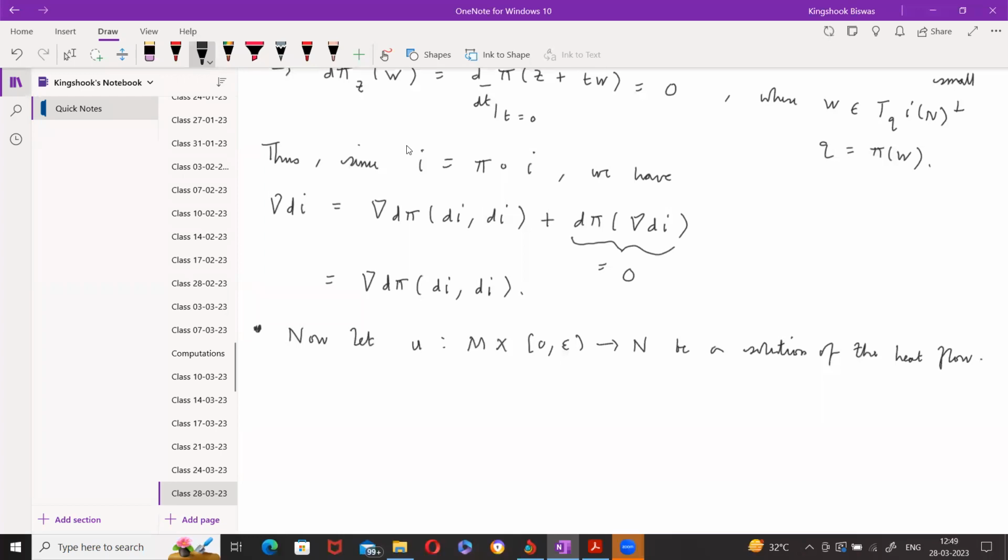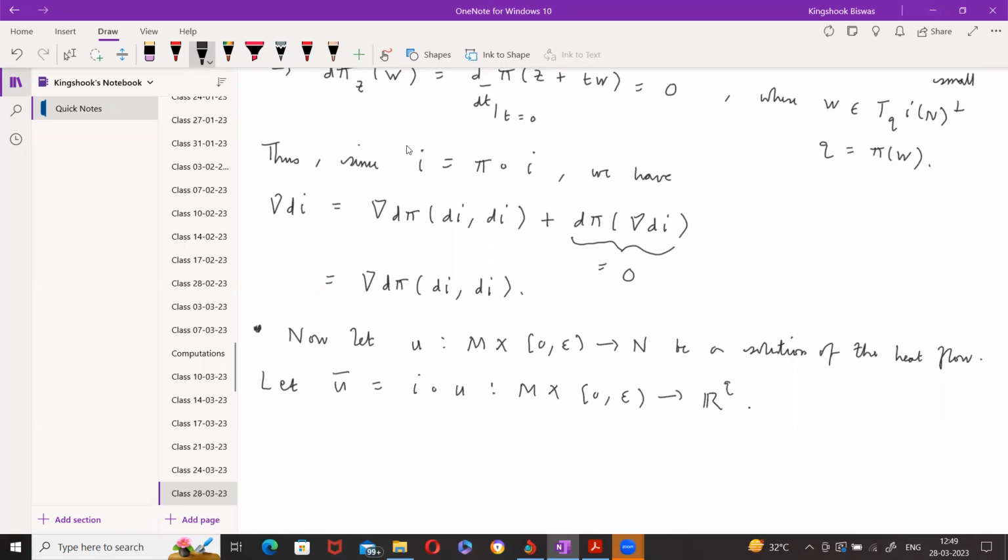Let U bar equal I composed U. So this is now going to take values in RQ. We want to see that this satisfies some PDE.